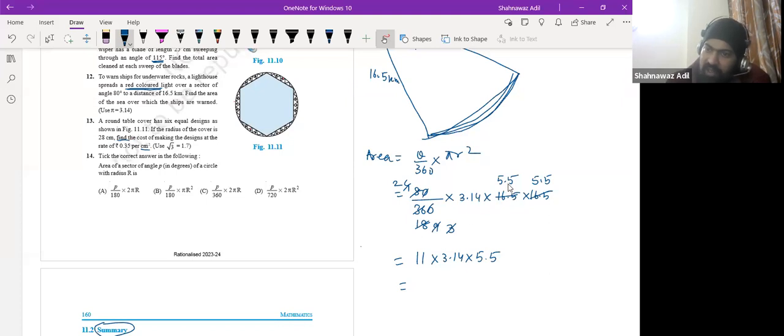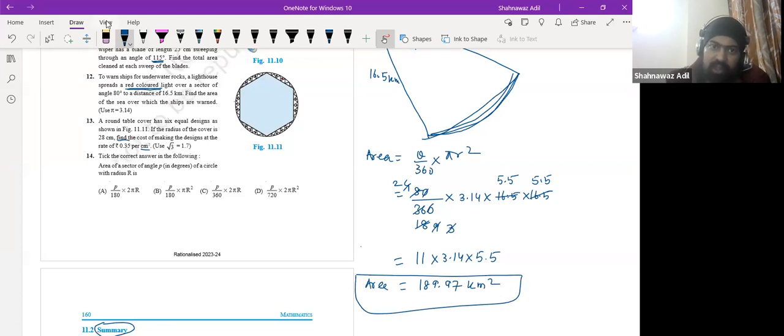We have cancelled this with 3, and we have cancelled this with 3. Right? 3 threes are 9, and then this is cancelled by 3. So 11 and 3.14, then 5.5, gives 189.97 kilometers square. So quickly note it down.